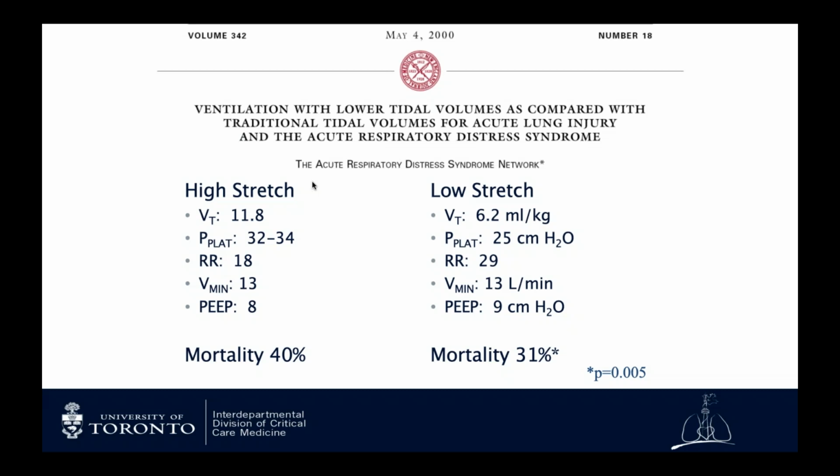And this is the seminal ARDS network paper published almost 20 years ago now, showing that simply by turning down the tidal volume and paying attention to the plateau pressure as well, they were able to reduce mortality from 40 to 31%, almost 25% relative risk reduction.